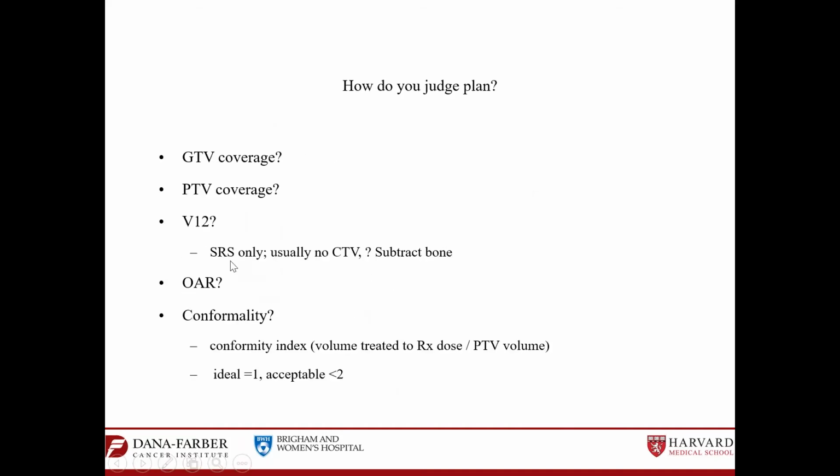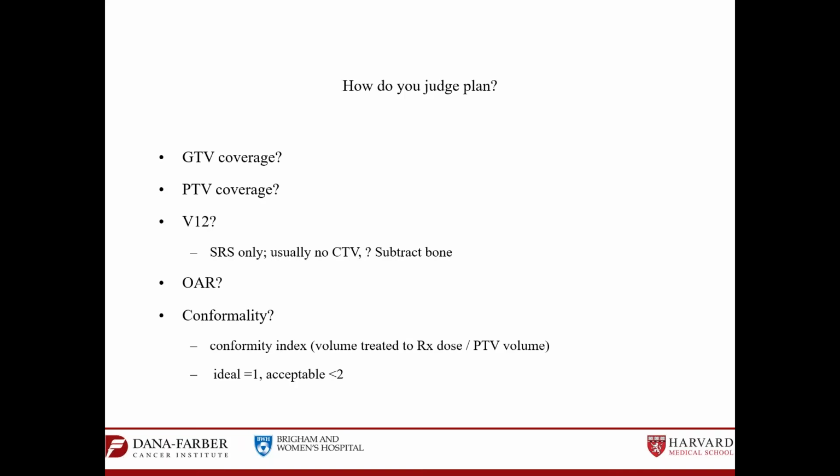So what does that mean? V12 should be less than 10 cc, meaning that the normal brain tissue receiving 12 gray of your prescribed dose should not exceed 10 cc. I will repeat it again. You have a brain metastasis here, and you're prescribing 20 gray. Then you will look at the isodose line of the 12 gray, which will be a circle bigger than that.